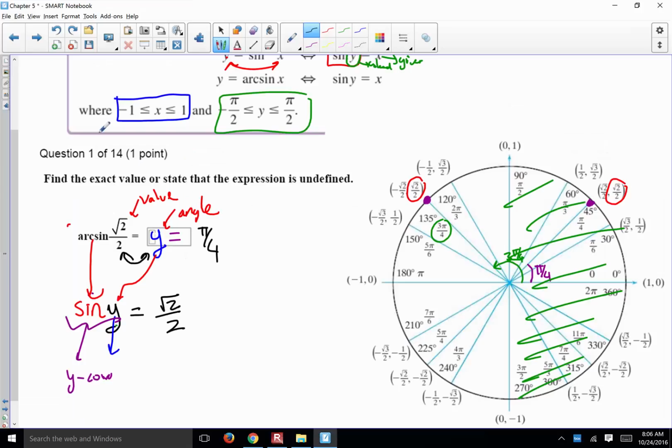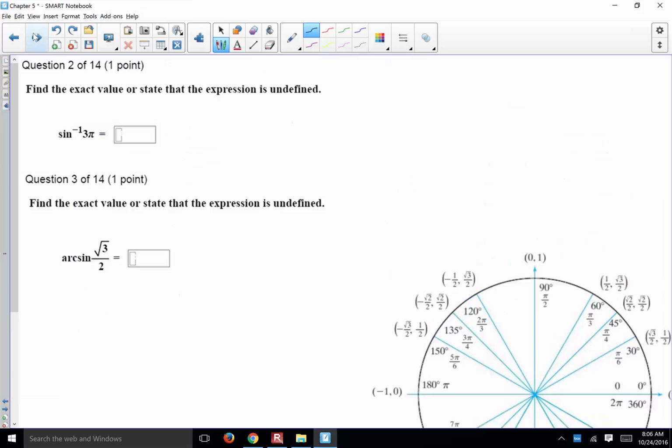Alright, we will just do this for the other two questions. Same deal. Alright, let's call this one theta. I don't want to call it y all the time, theta, because it's an angle and we like using theta for angles. And I need you to, right underneath, change this into a sine equation.